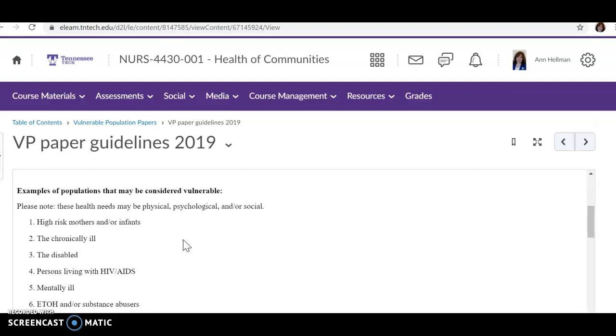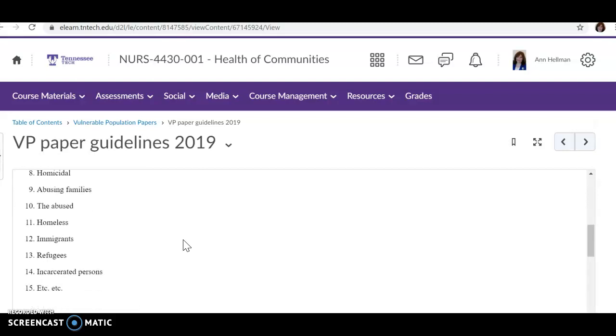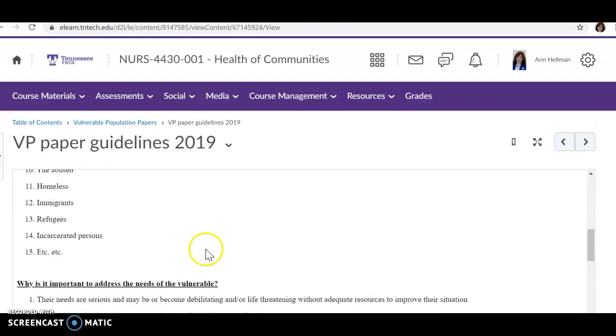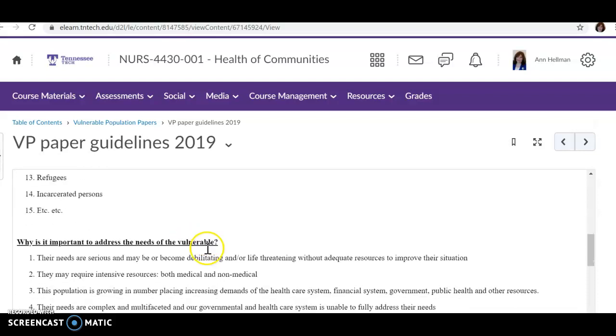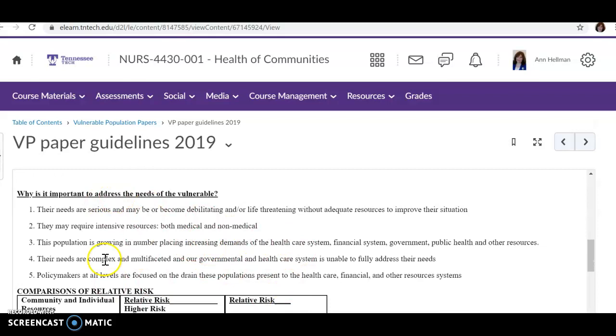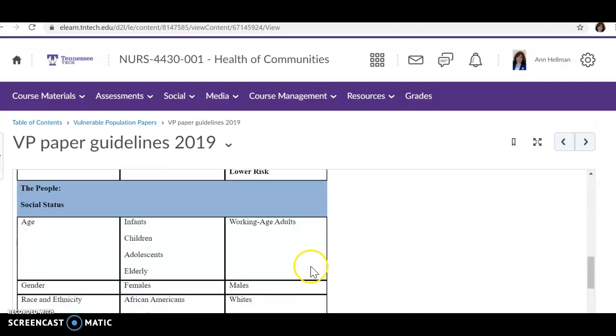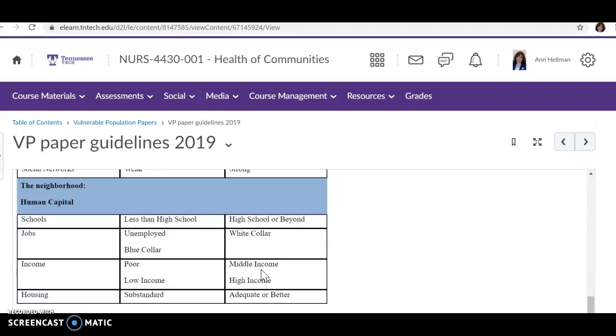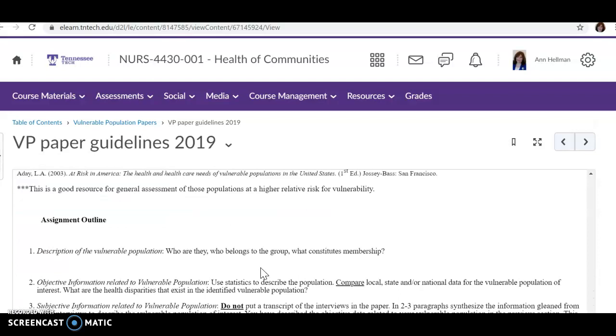And it's going to be first come, first serve. So just getting that out there. We cannot have a bunch of people doing the same VP, vulnerable population. It tells us why it's important to think about this population, gives you some comparisons and things to think about: what makes them vulnerable and where they live.